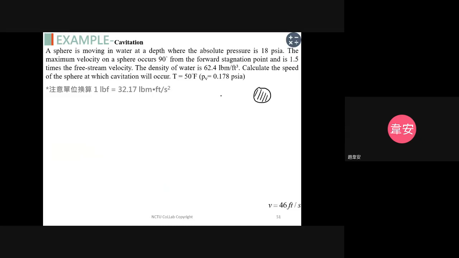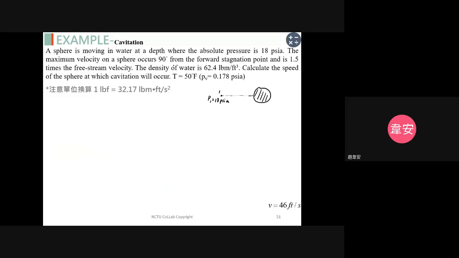So we have point 1 here, and the pressure at point 1 is 18 psia, and the flow goes to the right-hand side to touch the particle.